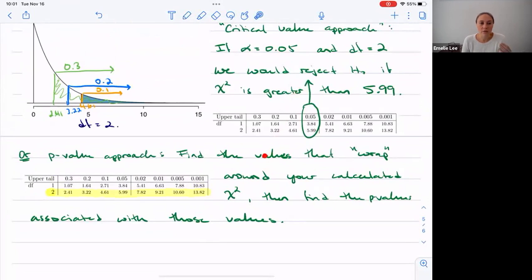You only need to do one of these, and this is the same. We're going to carry this through into when we analyze the means. So pick a way that you like, and I am going to try to illustrate both as often as possible. Because the p-value approach is a little bit harder, I tend to do that one just so you can see it, because this one is a little bit easy.